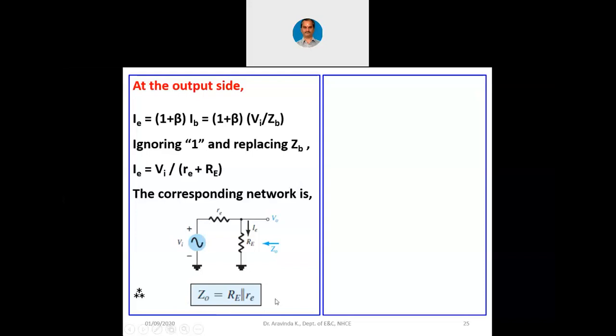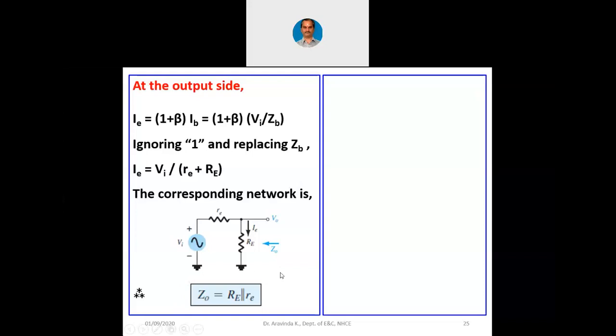So you can see that here in this case, output impedance is much lesser compared to our common emitter configuration. I have been telling you that we need an amplifier which will have a very high input impedance, very low output impedance and a very high voltage gain. Now in this common collector configuration, we are getting a very low output impedance.